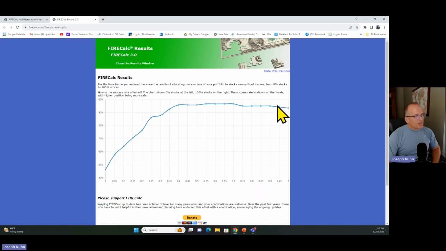Now, one of the things you may say is, why would I use 100%? This 1.0 is 100% equity. It's pretty flat up here, about the same probability of success. Where it matters is in the total bandwidth of how much you can have if the stock market does good, and how bad it can get.